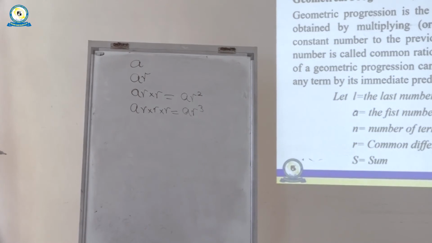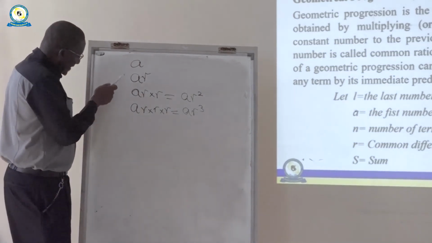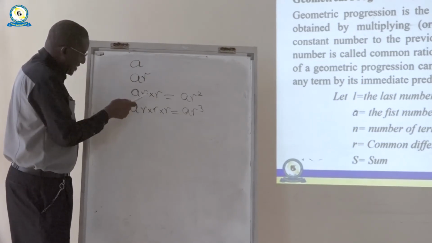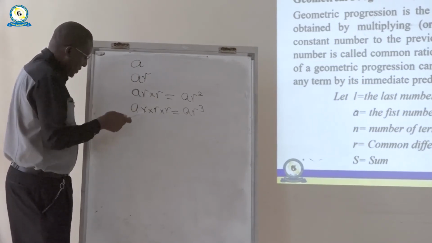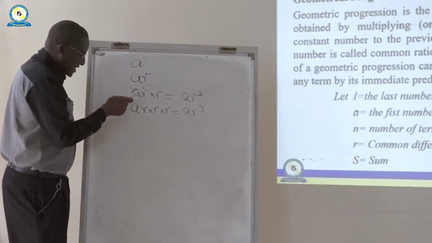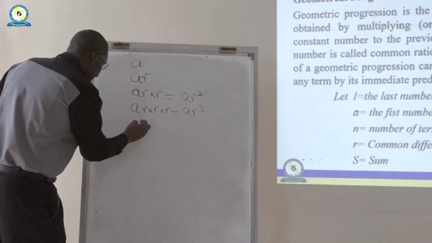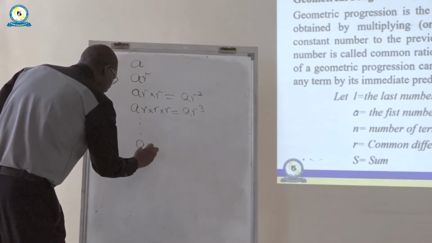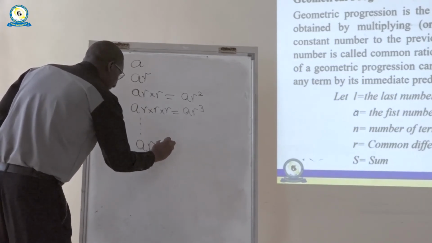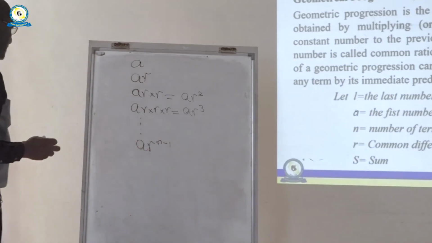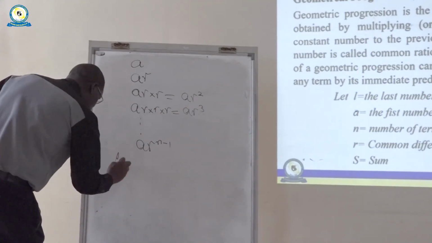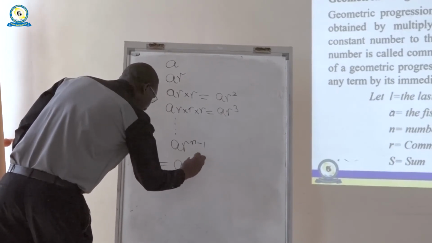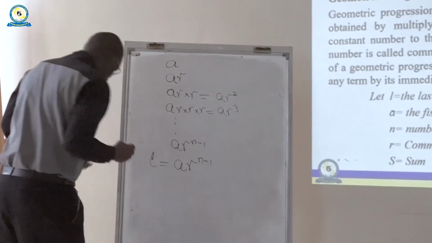For the second one, the power is 1. The third one, the power is 2. For the fourth one, the power is 3. If we are going up to the nth term, the power of R will be n minus 1, so AR^(n-1). Therefore, the last number of the geometric progression is AR^(n-1).